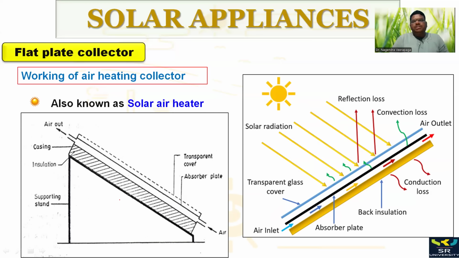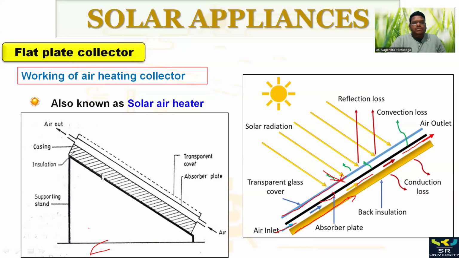Coming to the constructional details, it is very simple, similar to the flat plate water heating collector, but the difference is that we have only one transparent glass cover instead of two. We have one absorber plate, an airflow inlet, and then the insulation material.